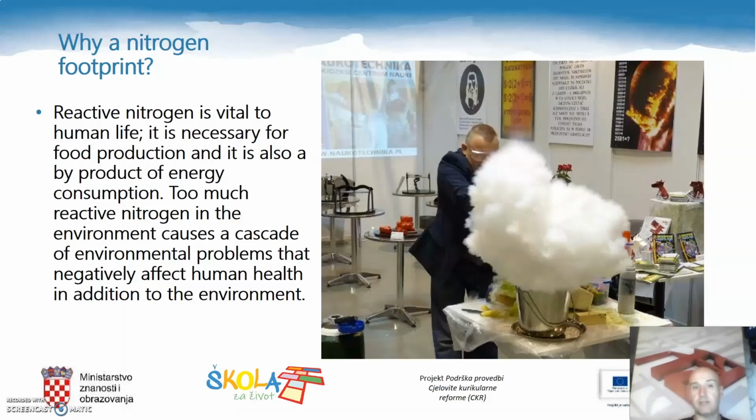Too much reactive nitrogen in the environment causes a cascade of environmental problems that negatively affect human health, in addition to the environment. So like the carbon dioxide, nitrogen or reactive nitrogen is also important in our lives, but if there is too much of nitrogen in the world, it can cause environmental problems.